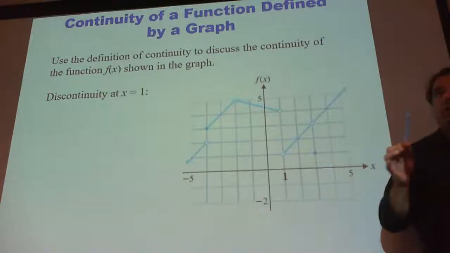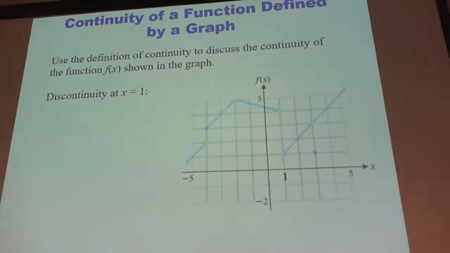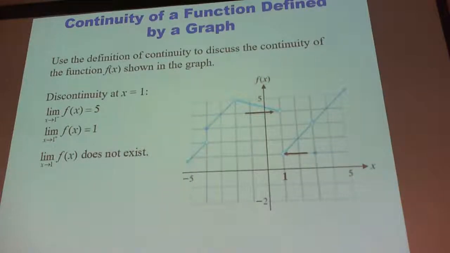So coming from the left, we get 5. Well, it should be 4. That's a typo from them. That should be 4. Coming from the right, what is it approaching? 1. Because they don't match, does the limit exist as x approaches 1? Does not exist.